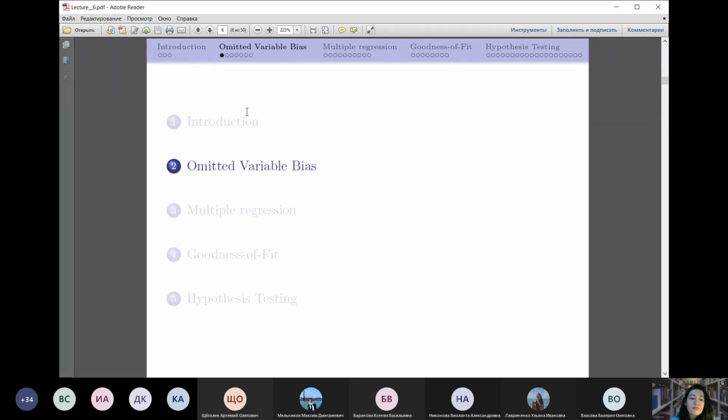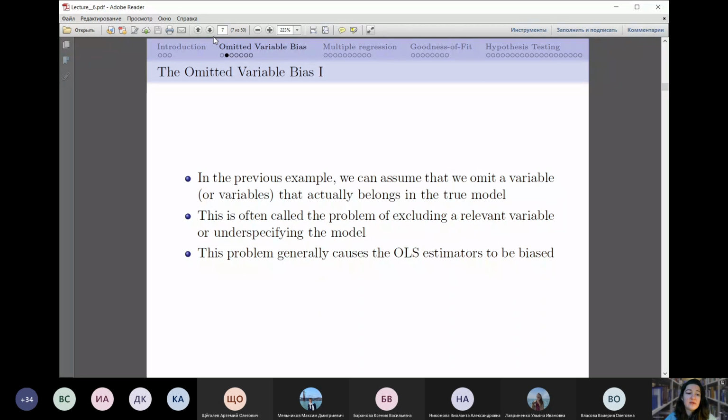This is a really very important problem in the regression analysis, because you will see the consequences of this problem. So when you exclude a relevant variable from the model, this is omitted variable bias. And also we can say that we are underspecifying the model.